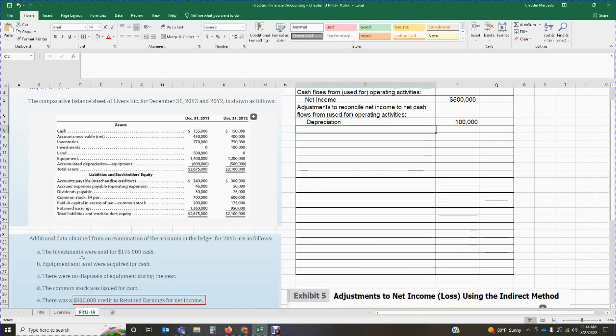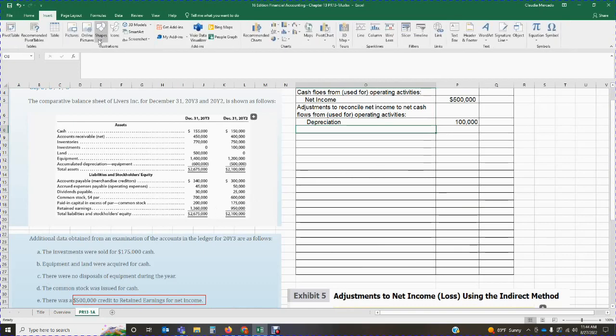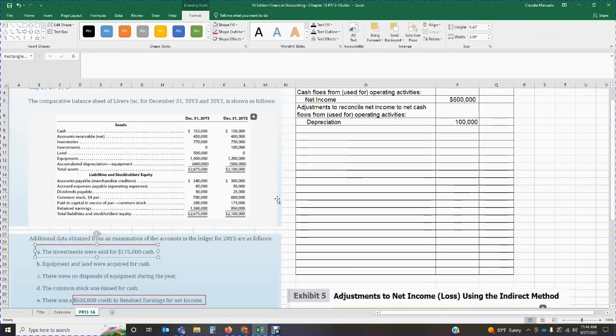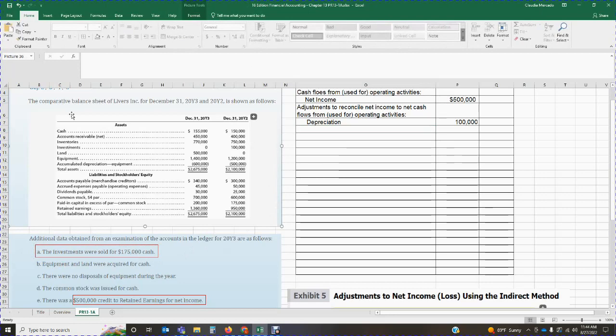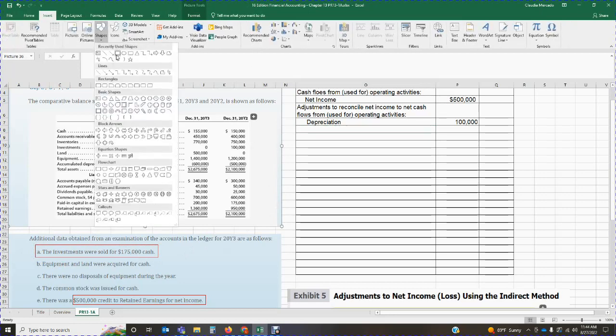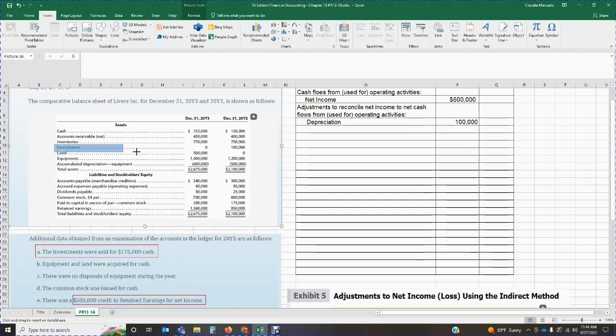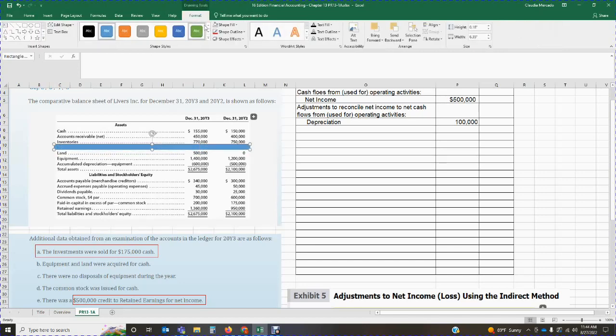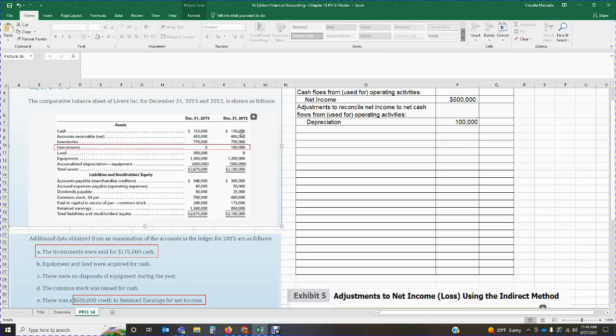So let's read. It says here that investments were sold for $175,000. Now let's look at the investment account. Last year in 20Y2, I had a $100,000 investment.